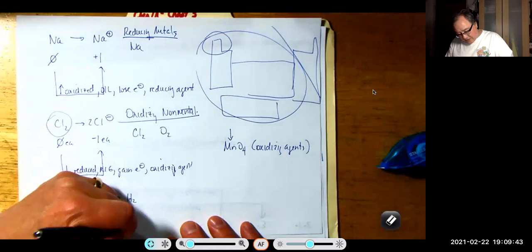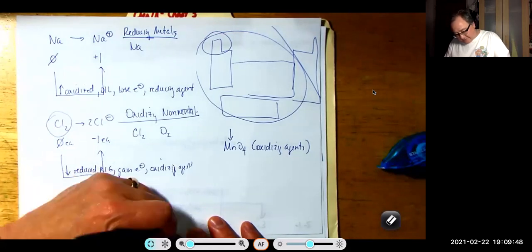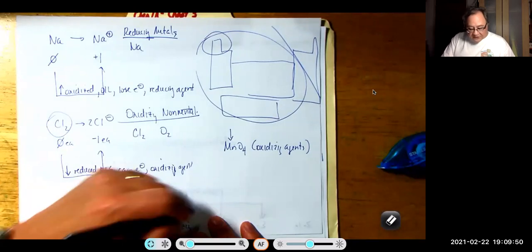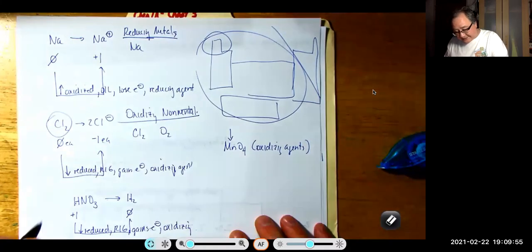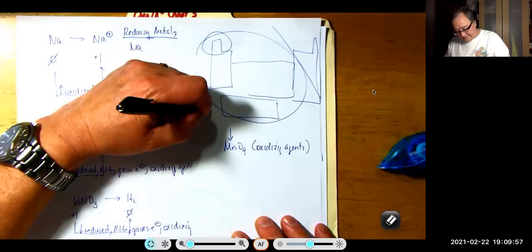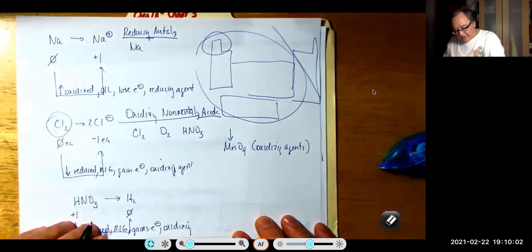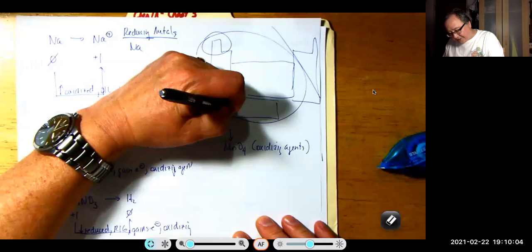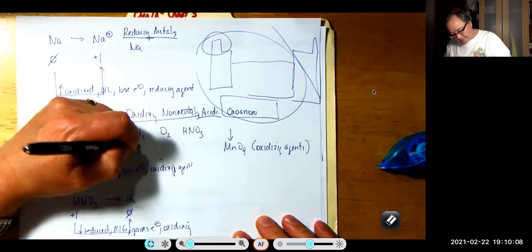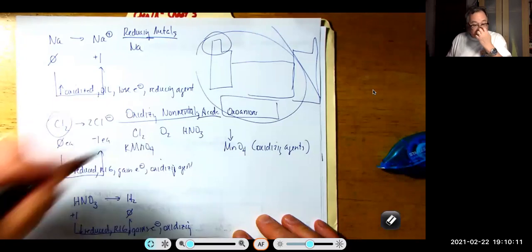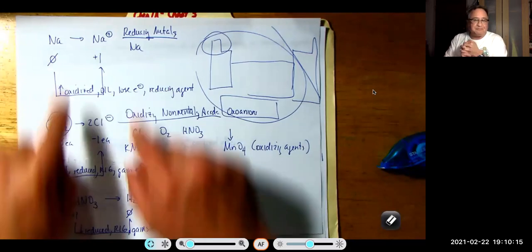It gains electrons. And it's an oxidizing agent. So under oxidizing agents, not only do we have nonmetals, but we have acids. And these oxoanions. And that's how you do a problem like that. You ultimately look at how the oxidation number changes.